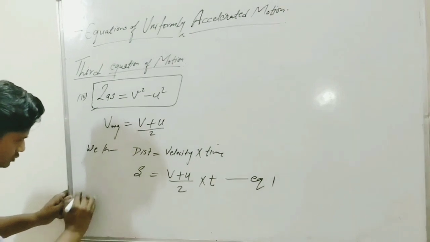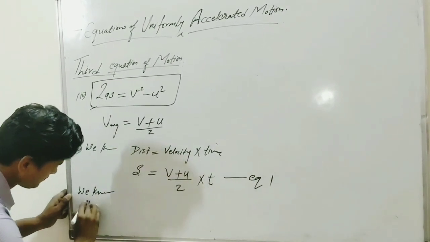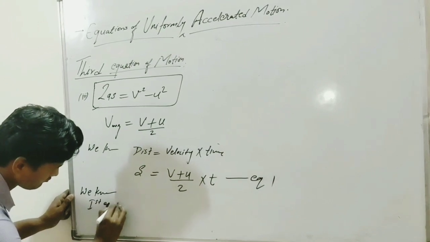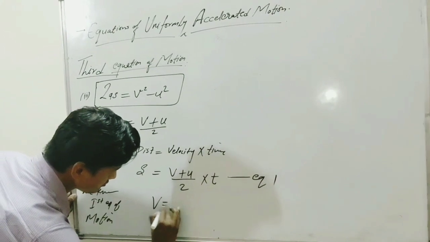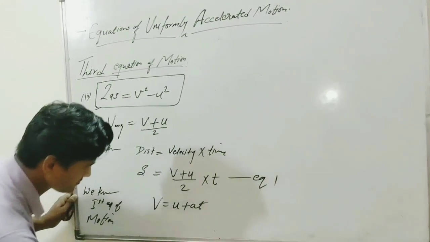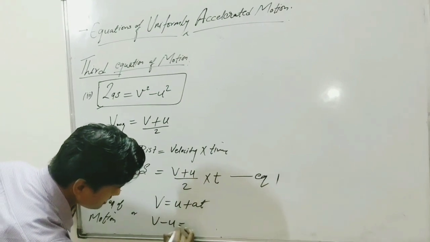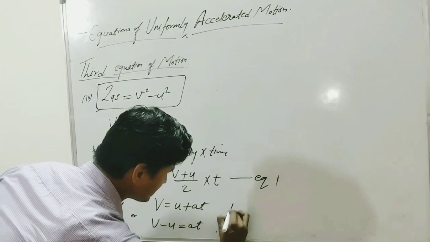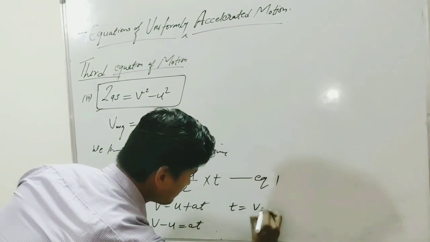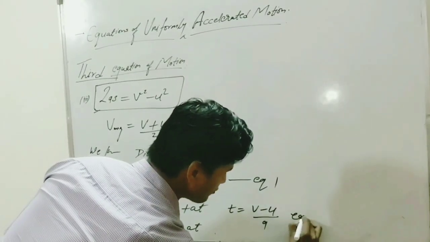From first equation of motion we know V is equal to U plus AT, or V minus U is equal to AT. We can write it as T is equal to V minus U upon A. This can be said as equation 2.